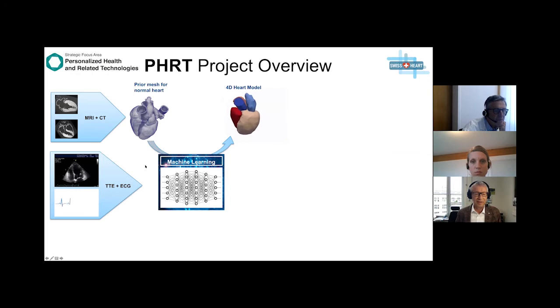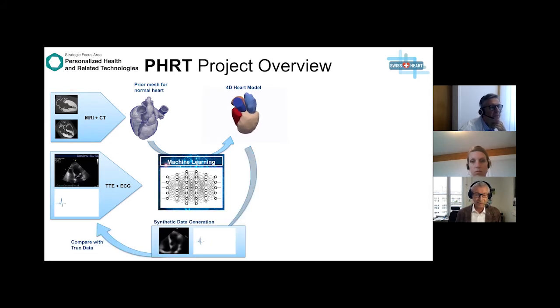And this information, together with your sort of generic digital heart model, allows you to then hopefully personalize your model. Then you have the heart model with the geometric information. You can use that heart model, since it's now in the machine learning framework, to synthesize data, to compare them with the original data, and to further improve the modeling.